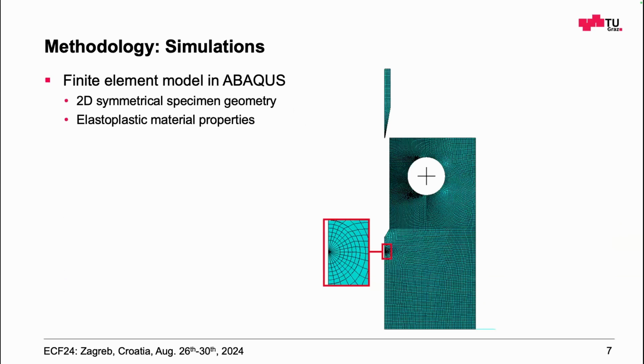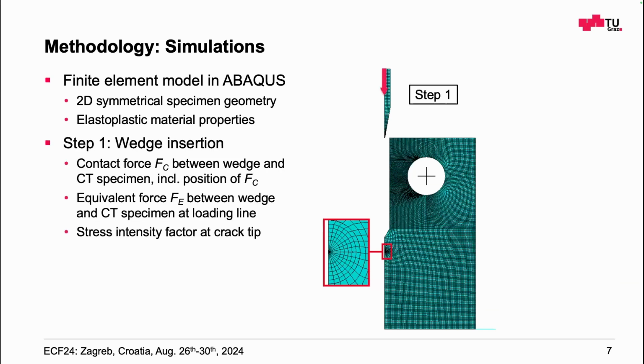The simulation model we set up: here you see this two-dimensional model. We simulated two steps. In the first step, this wedge is inserted to apply the displacement. And in this step, we are able to calculate the contact force between the wedge and the sample, and the equivalent force.